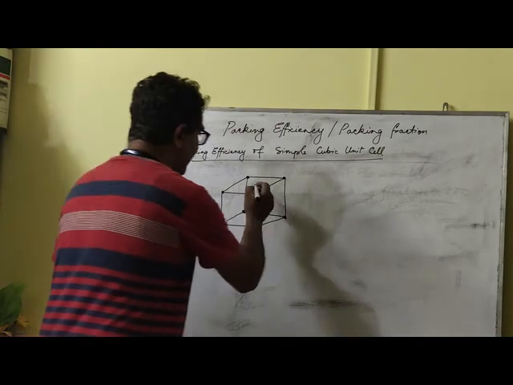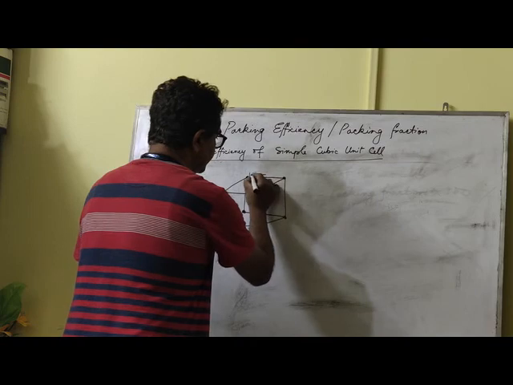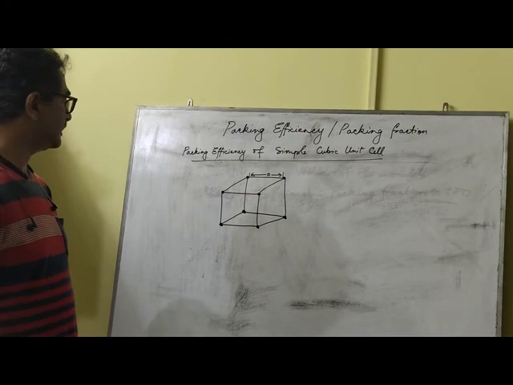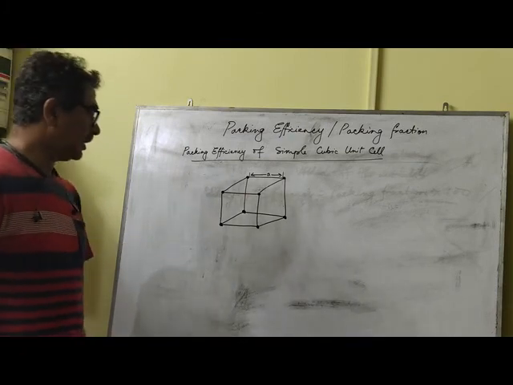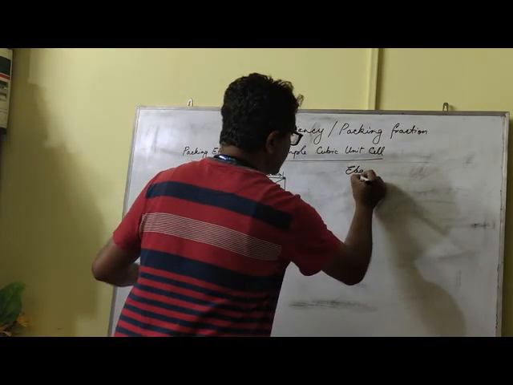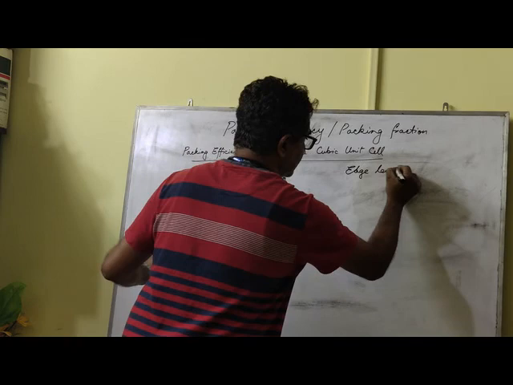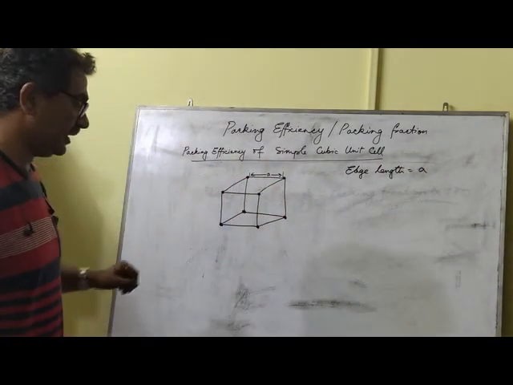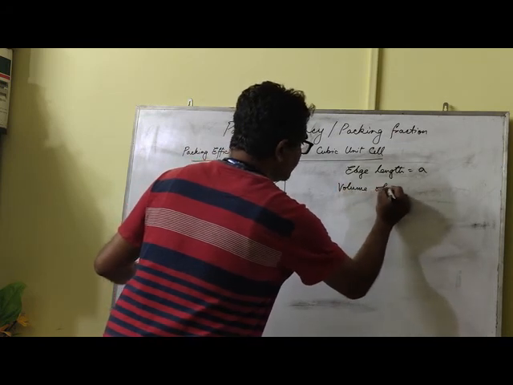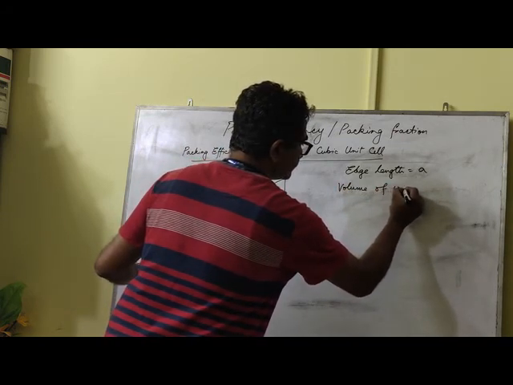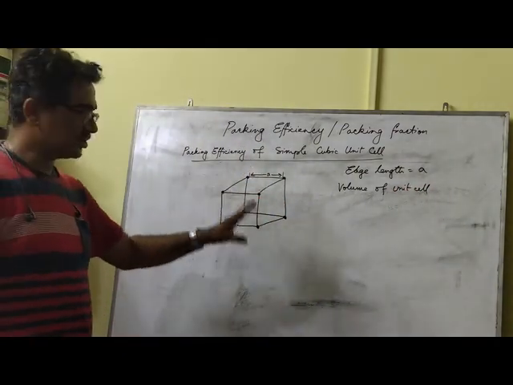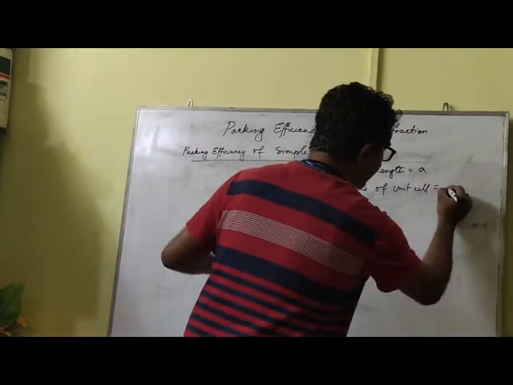Now let's assume the edge length to be a. So edge length is equal to a. We have taken it as a. Volume of unit cell: since it's a cubic cell, it's a cube, so side into side into side. So we have a cube.